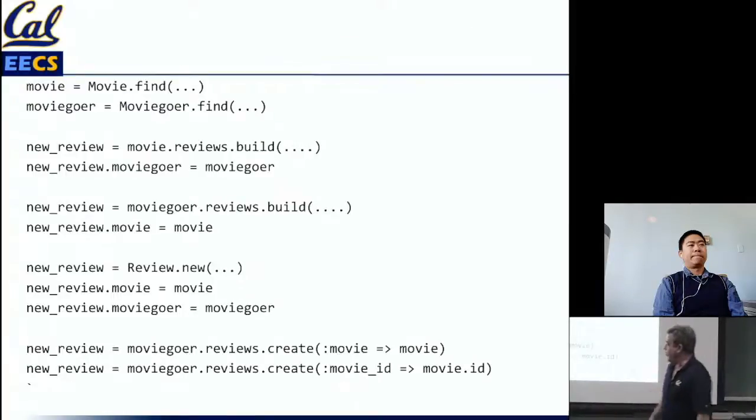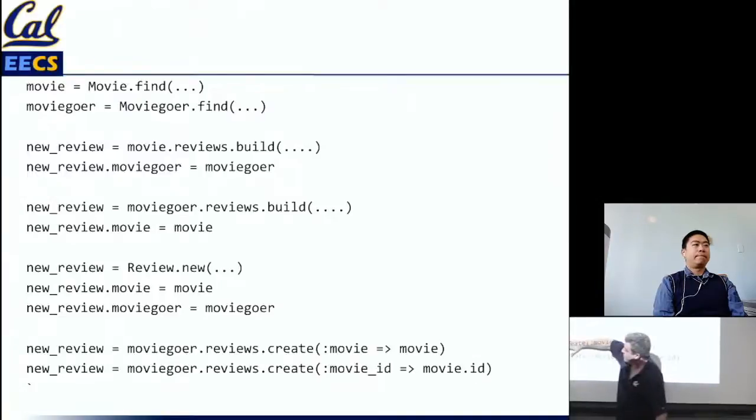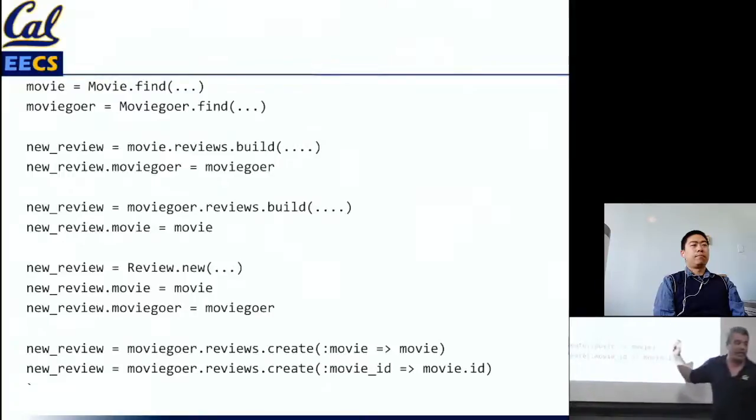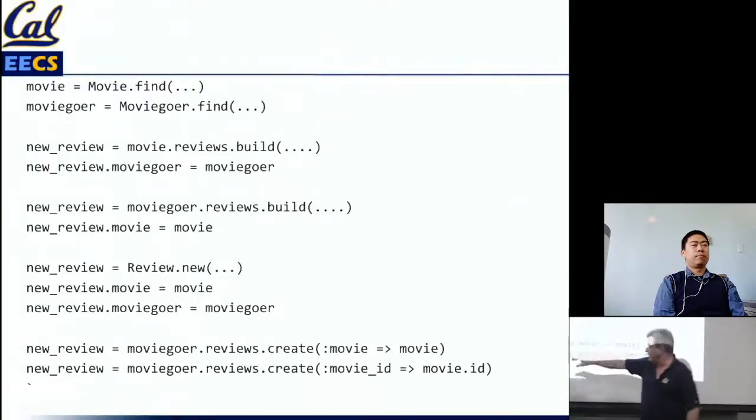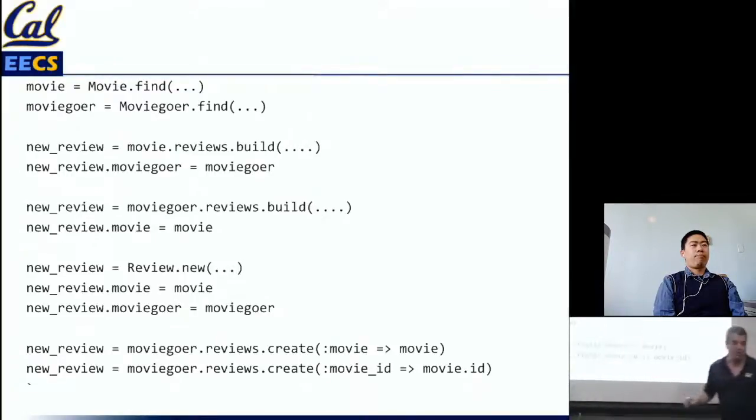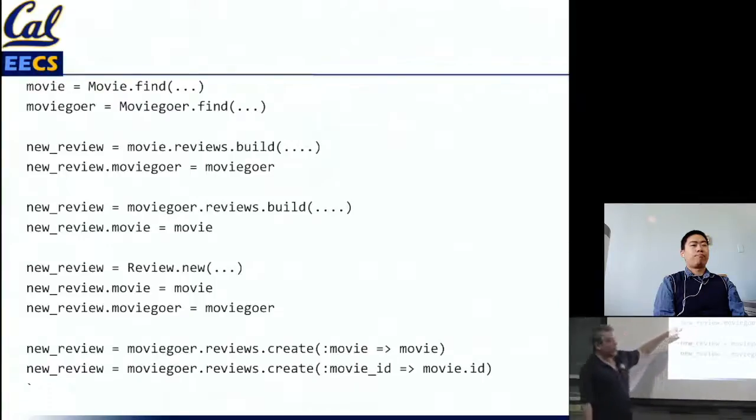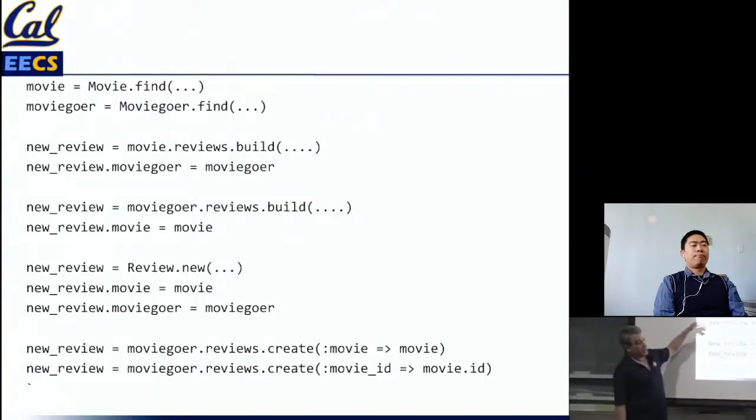Yeah, these are all method calls, right? So reviews is actually a method that gets defined for you on moviegoers by virtue of using has_many. And reviews is itself an object that can accept methods like build and create. So every a.b.c, they're all method calls. So remember in plain old Ruby objects, before we did active record or anything like that, that you can define methods whose name ends in equal sign.